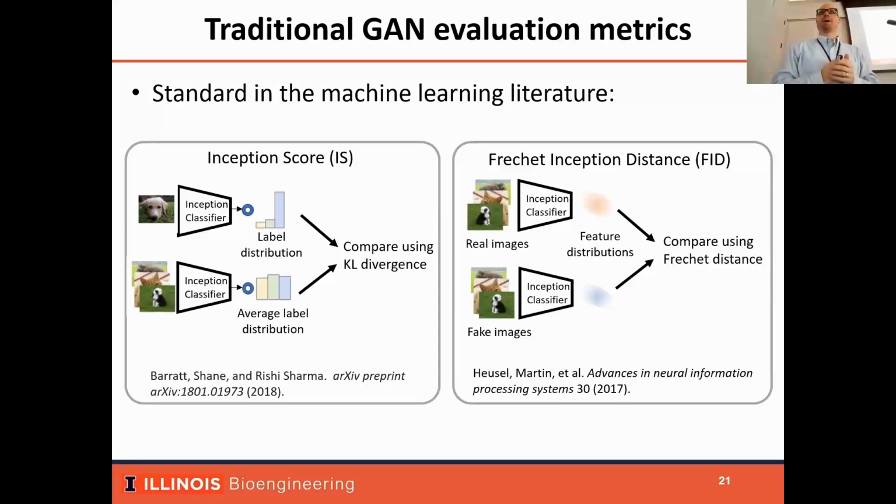If everything worked out well, these two distributions would align very closely. Some popular metrics used to assess this closeness are the Inception Score and the Fréchet Inception Distance. They both use an Inception classifier to embed the images into some low-dimensional space and then use some divergence metric to compare the distributions.